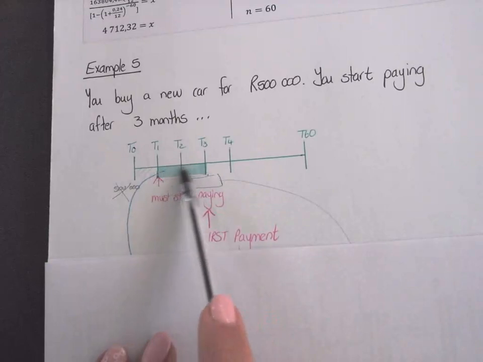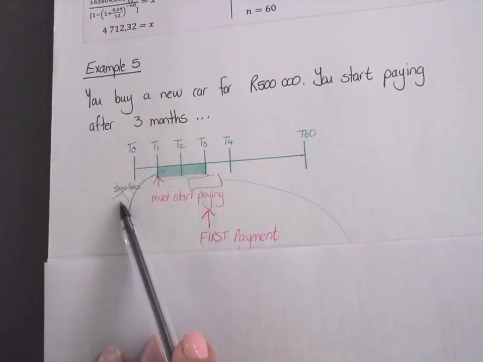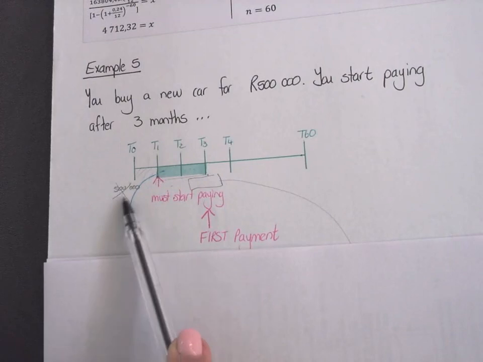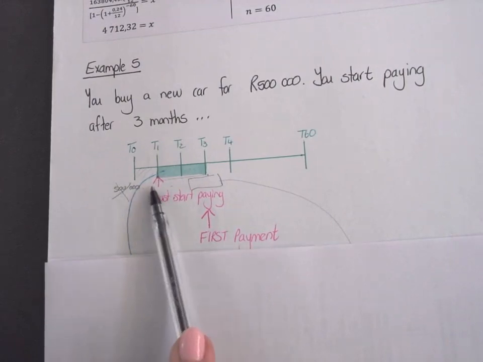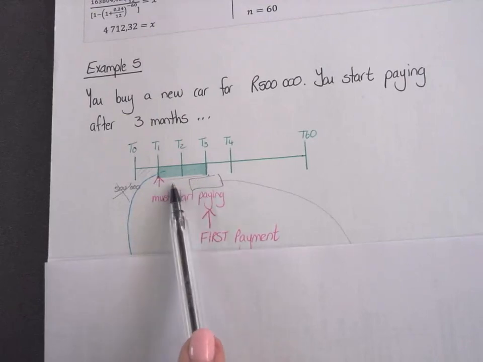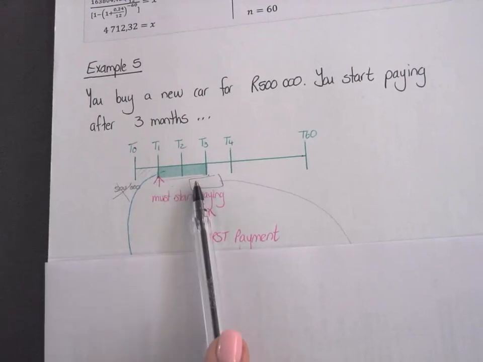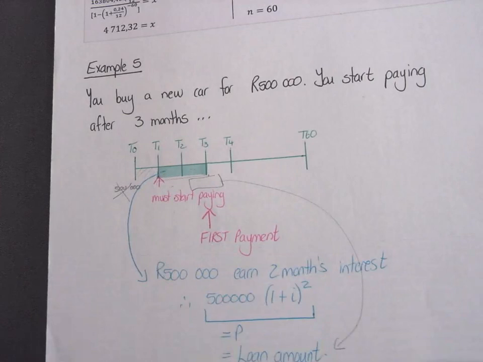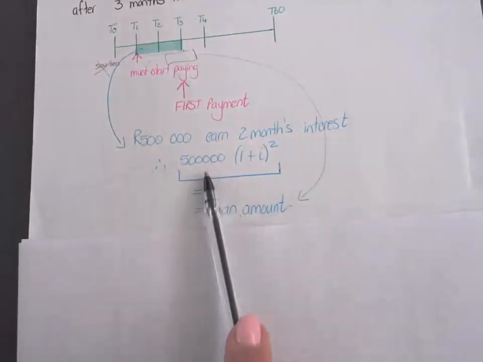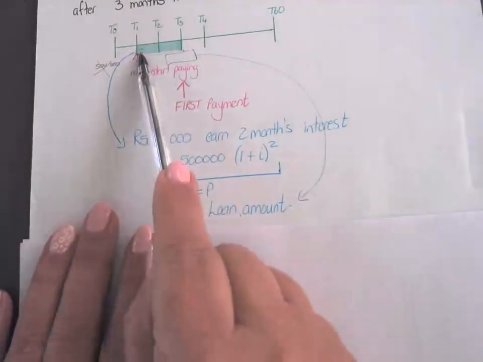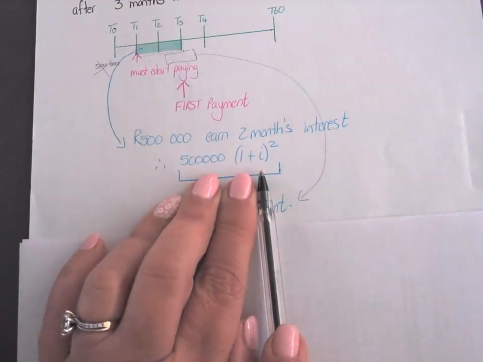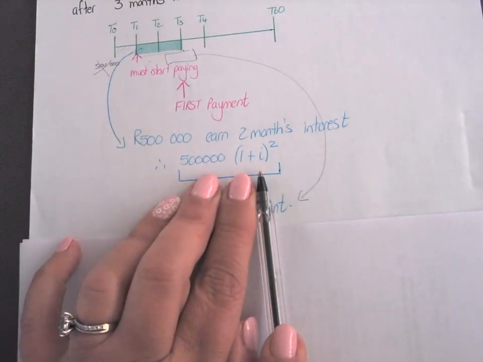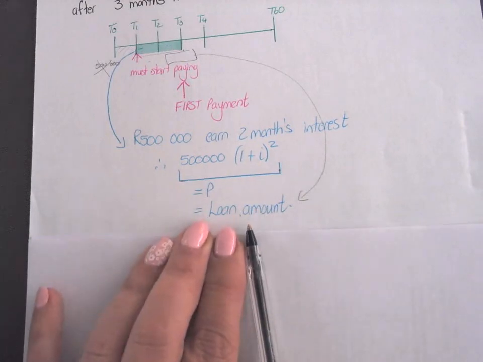What happens there? Yes, your loan of 500,000 draws some interest here. For how many months? 2 months. So you use the future value for those 2 months, and the answer of that sum is your new loan amount.